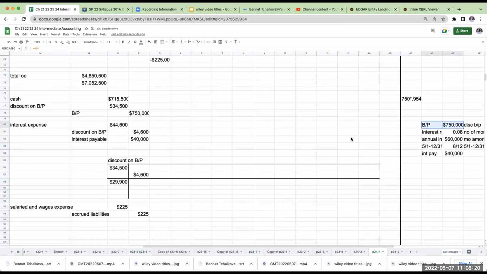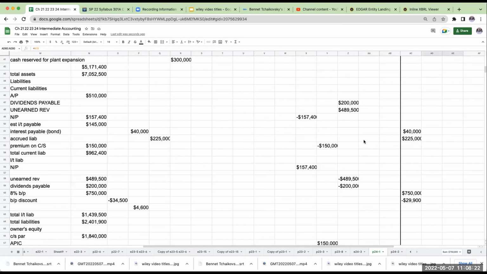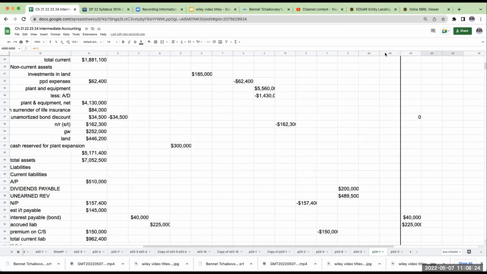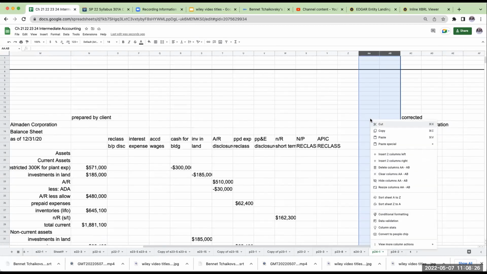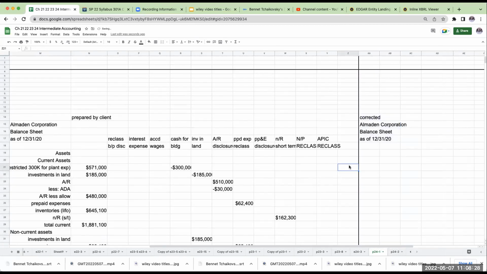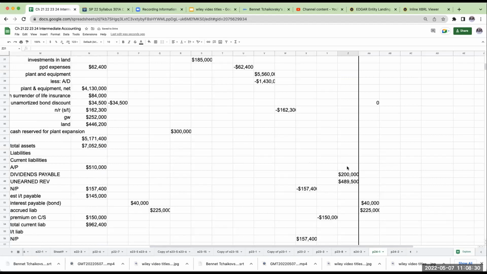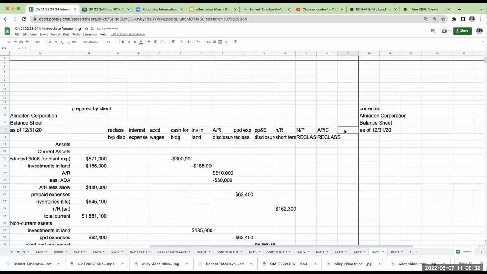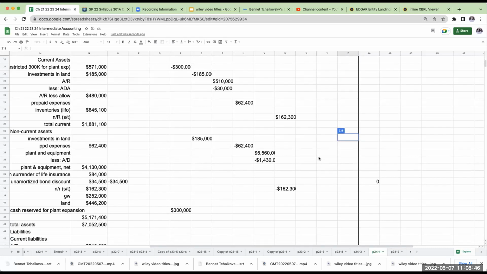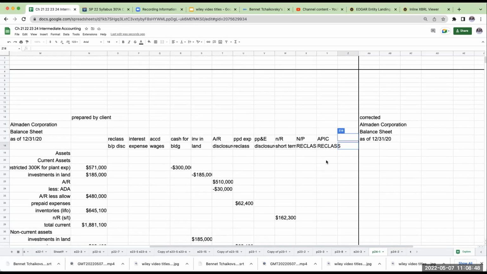And over here, I want to make sure I'm not deleting any critical information. Okay, unearned revenue, and then reclass of the, what would we say, APIC or unearned revenue. Unearned revenue and dividends payable.